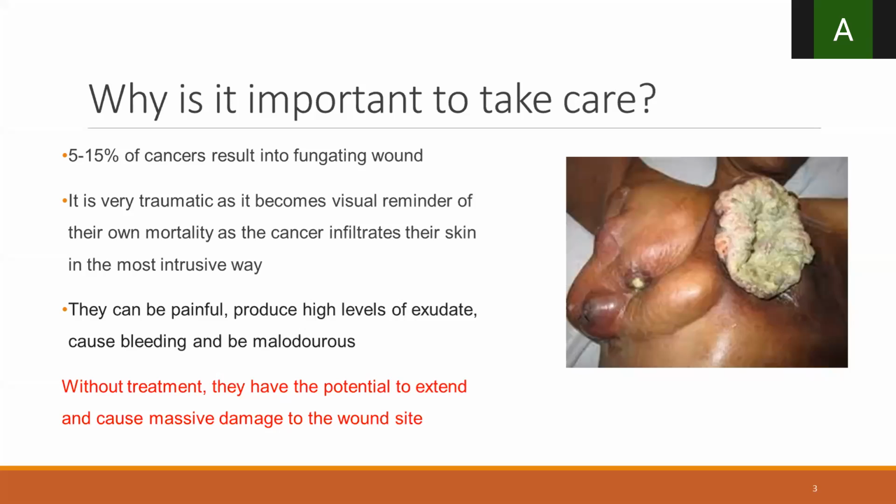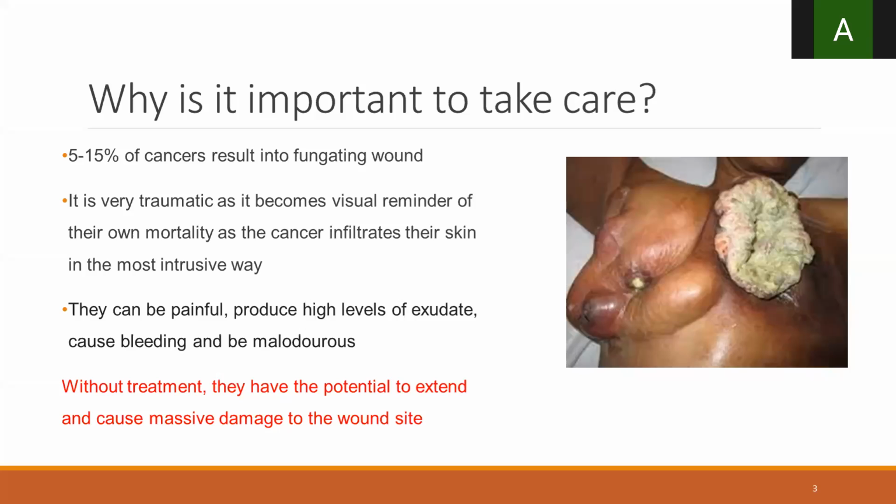It becomes very traumatic because it is a constant visual reminder. The patient will be seeing the wound, relatives will be seeing it. It becomes a constant reminder of their own mortality as the cancer infiltrates the skin and the surrounding tissues.